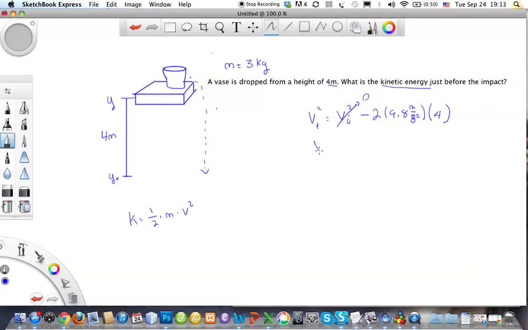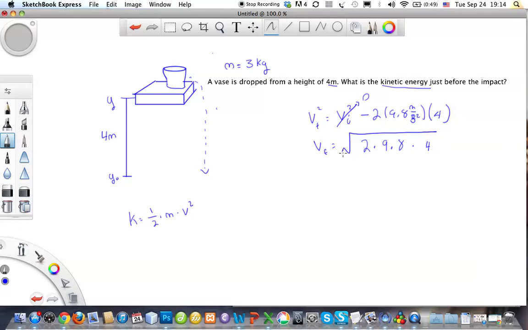And we're going to get our final velocity is equal to the square root of 2 times 9.8, and I'm going to take the absolute value of this so that I don't get an imaginary number, times 4. We really don't have to worry about this; I'm just going to take the absolute value because this will give us the information we need to get our final velocity.